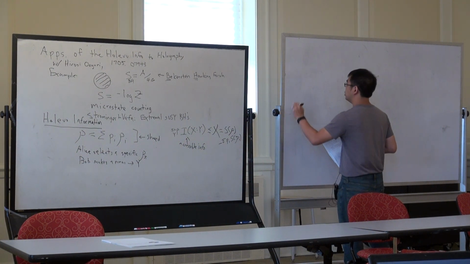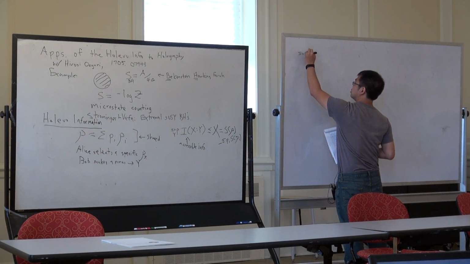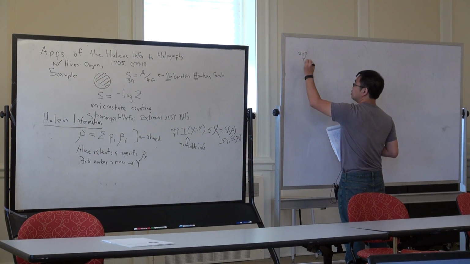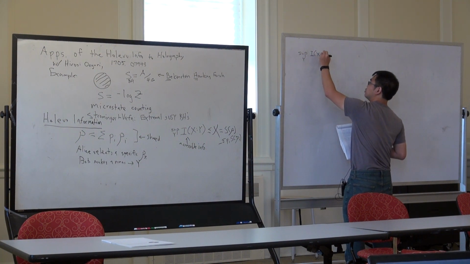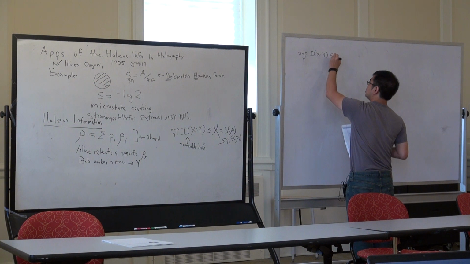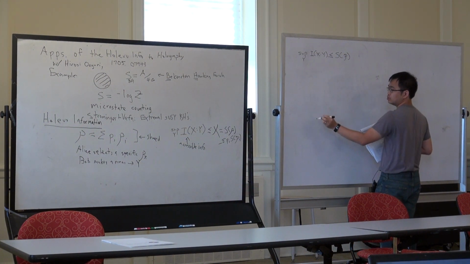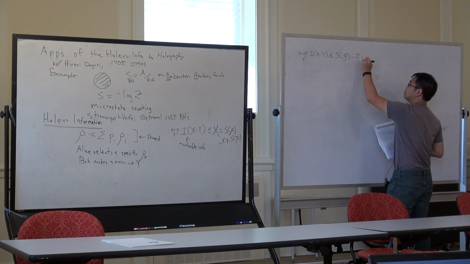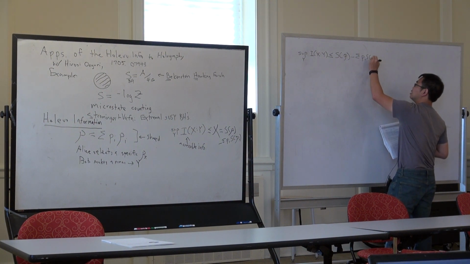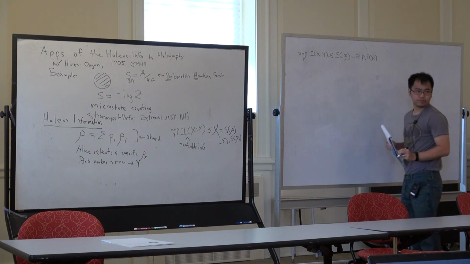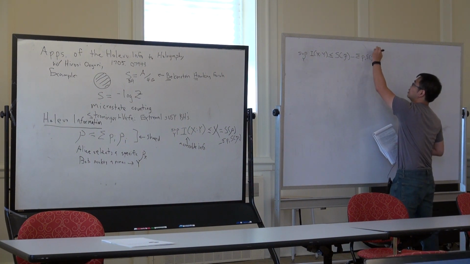I'll write that equation again here because it's important to the remainder of the discussion. This is less than or equal to S of rho minus the sum of pi S of rho i. And this is the Holevo information chi.